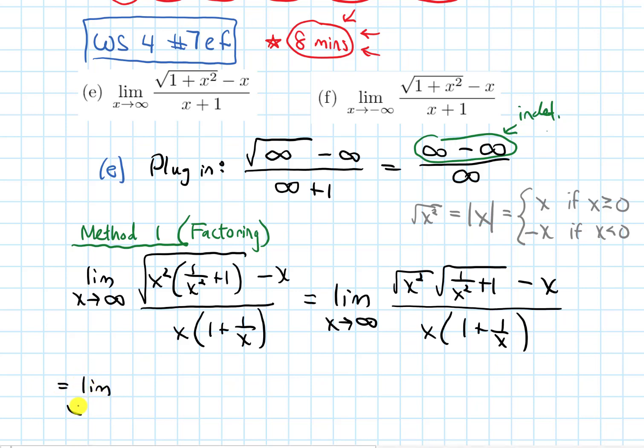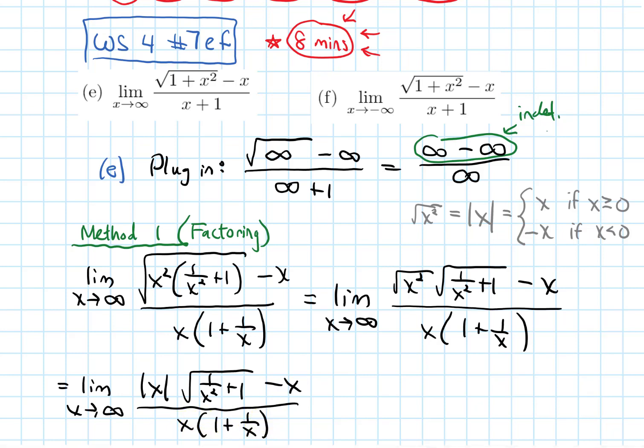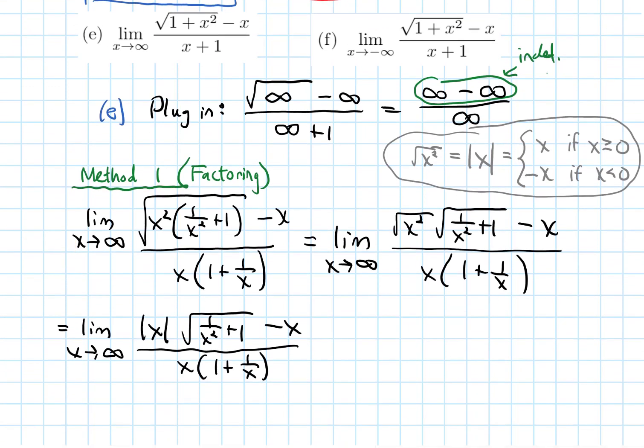So we're going to have the limit as x approaches infinity, and the square root of x squared in the numerator is going to be the absolute value of x, times the square root of 1 over x squared plus 1, minus that x, over x times 1 plus 1 over x. Because x is going to infinity, x is greater than 0, so the absolute value of x is just x.